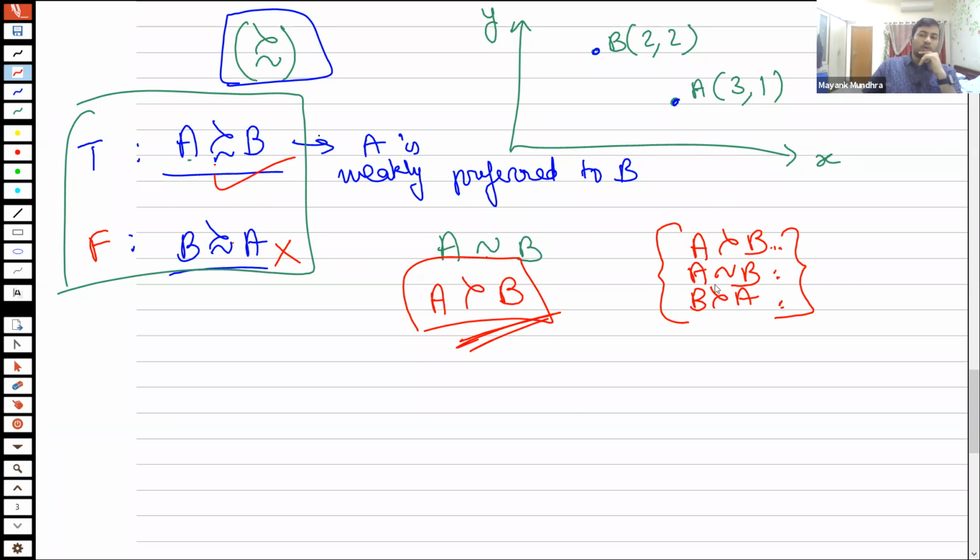So if this is true and this is false, then it automatically means that A has to be strictly preferred, because only in that case you'll get this true and this false.